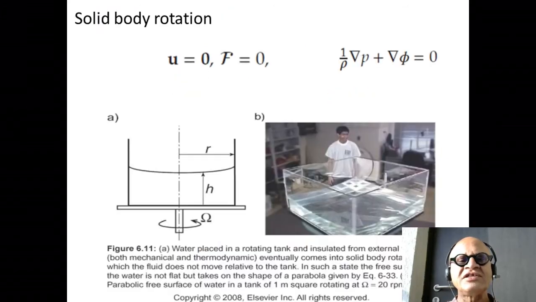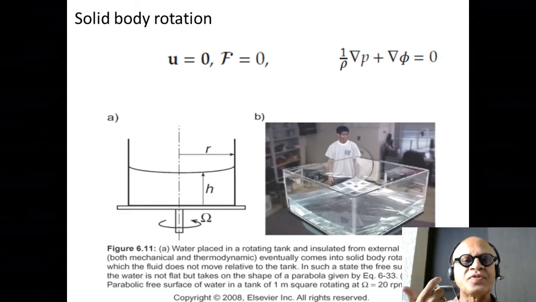But in this case you are going to get a solid body rotation. So if you're careful, you can make the entire fluid rotate with the tank without any relative motion with respect to the tank. So the whole liquid is rotating as a solid body.